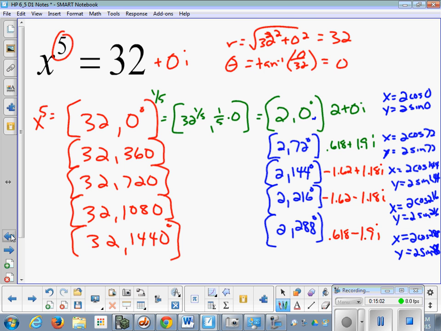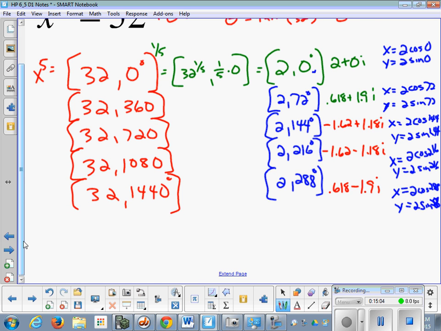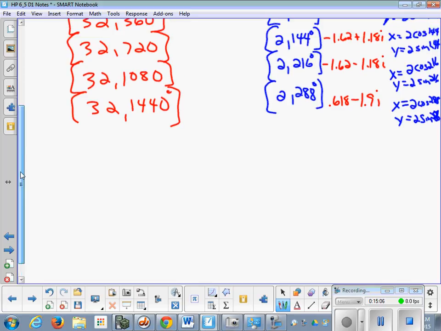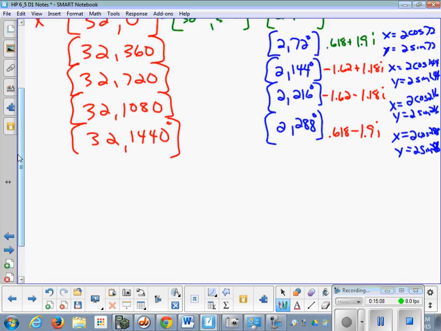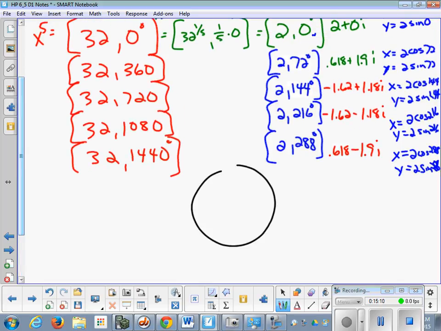I'll go back now and I'll show you the shortcut I used here because it was a similar shortcut. Okay. If I have a circle, we were at 2 at 0, 2 at 72, 2 at 144, 2 at 216, and 2 at 288.